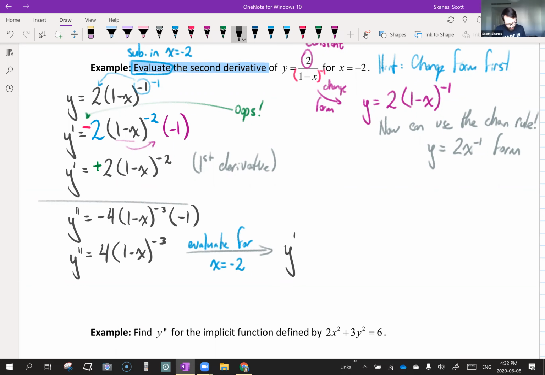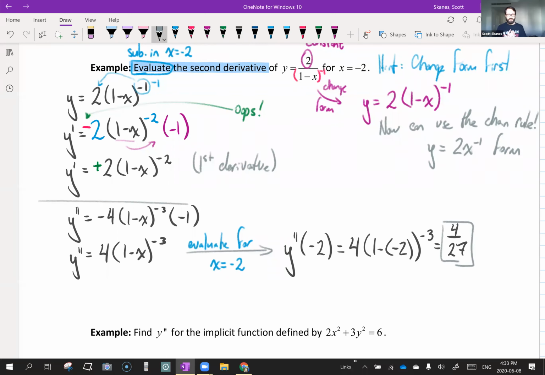So y double prime, the second derivative, also known as the concavity, when x equals negative 2 is, it's one of those days, it just seems to get longer and longer instead of shorter and shorter. Should be positive 4 over 27.